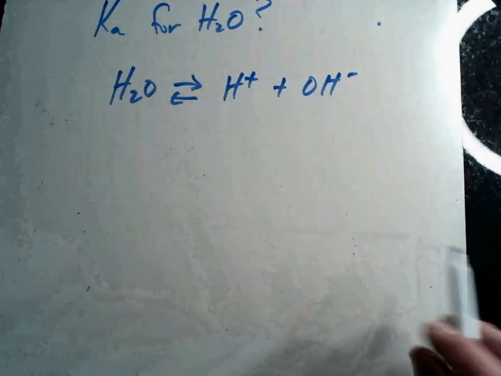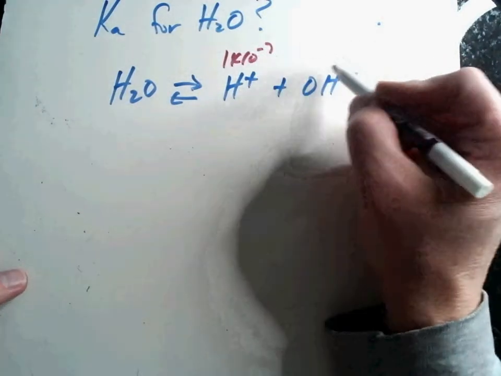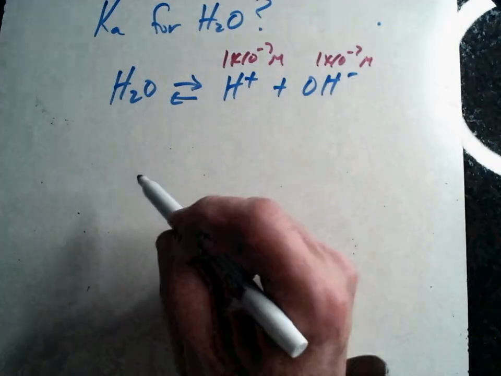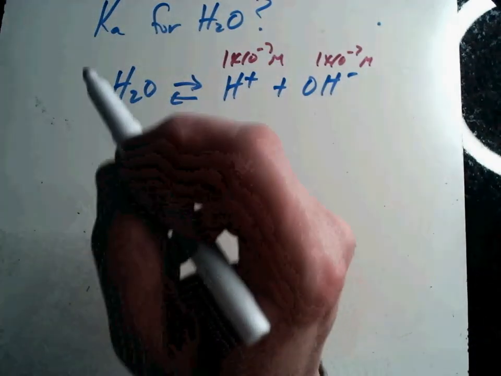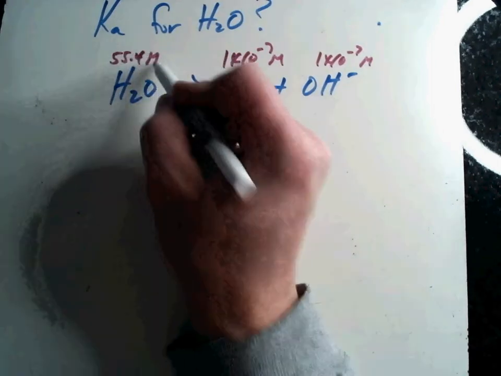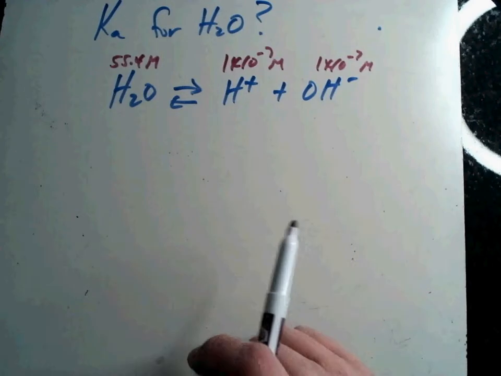Do you remember the molarity that I wrote in the other video? Yeah. 1 times 10 to the negative 7th molar and 1 times 10 to the negative 7th molar. And we also found out that 55.4 molar was the concentration of just pure water, and we did that math earlier.